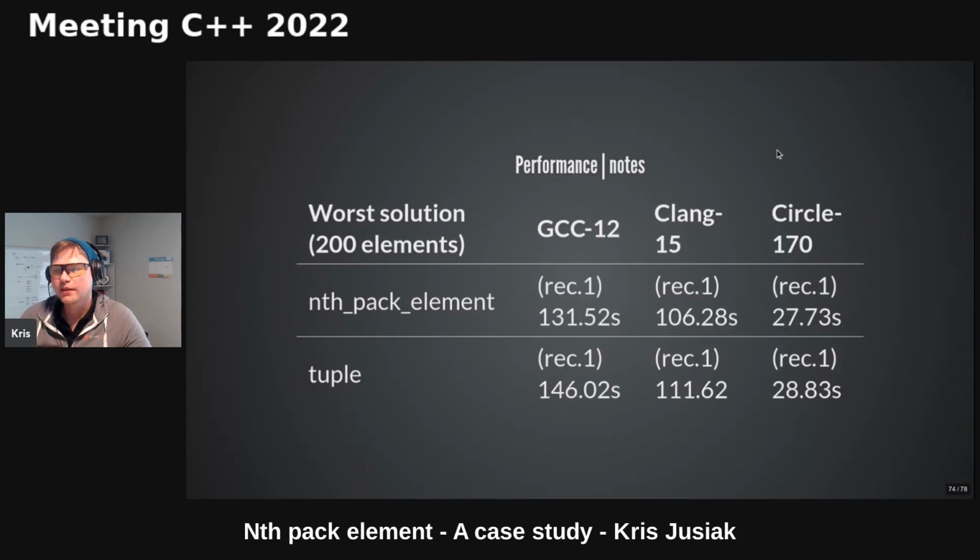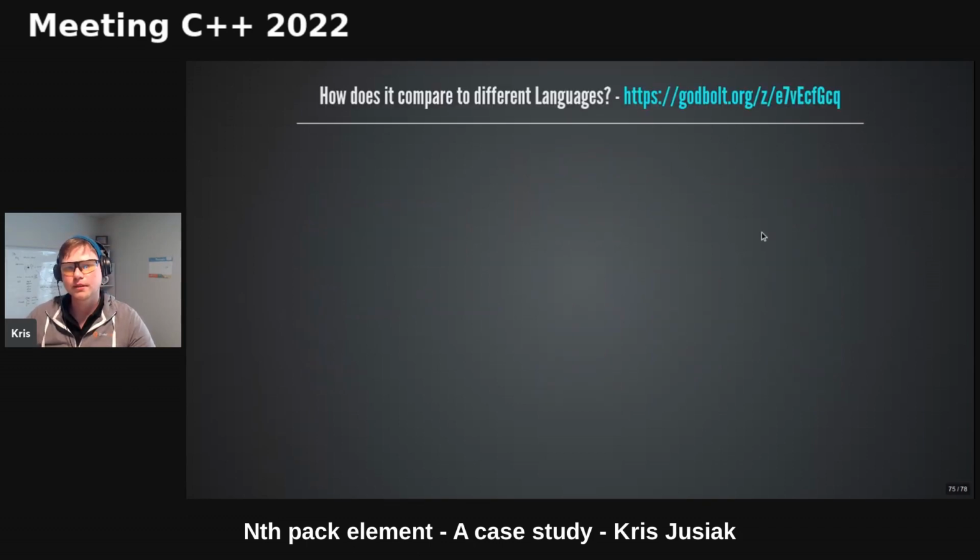So maybe that's not a fair comparison. But the worst solution, which is the recursive one, is still much slower in GCC and Clang. GCC compiles slower than Clang, but like 5 times slower than Circle. So we still have a lot of things to do for compilation times in GCC and Clang, because Circle can do the same thing much faster.